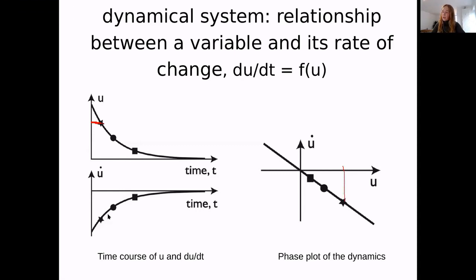And in another color, at the same time point, we have this value of the derivative, right? And this is what we have here. And at the star point, we have a larger derivative and a larger state variable than we have here at the square part.